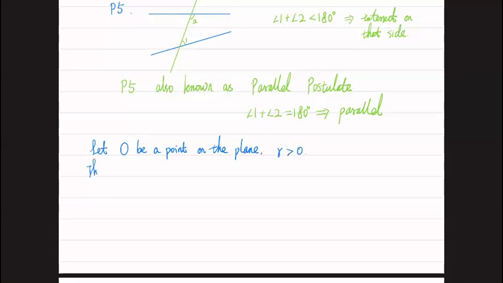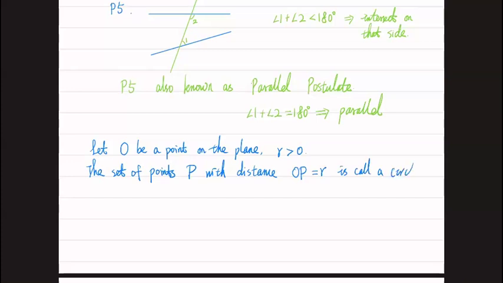A set of points with the distance. So we call this a circle, and O is the center of the circle. R is called the radius.